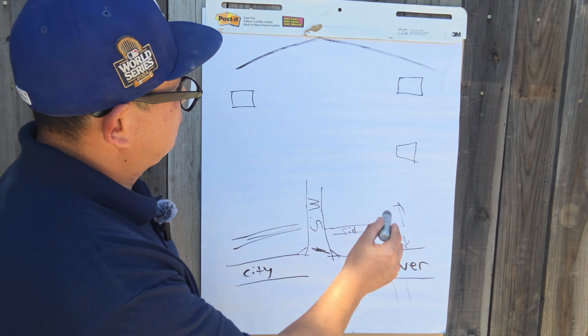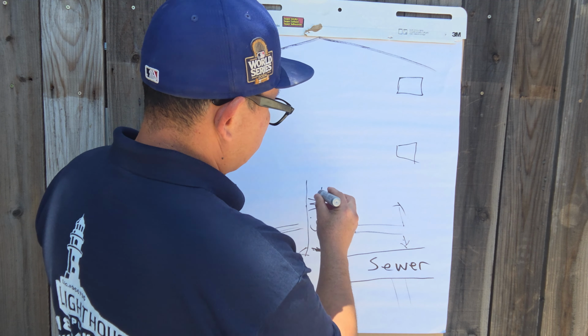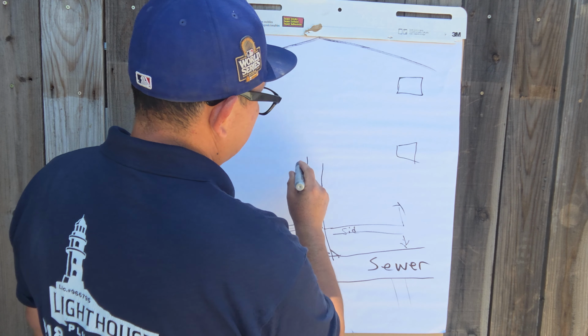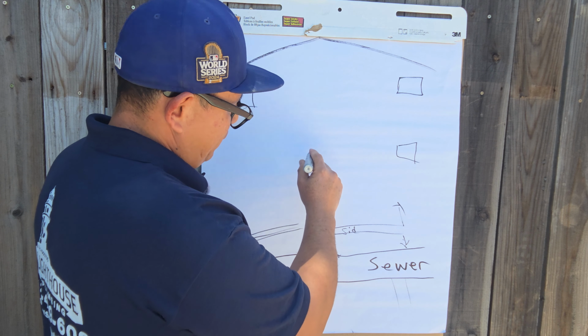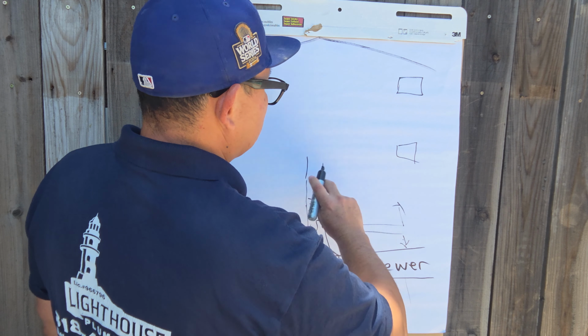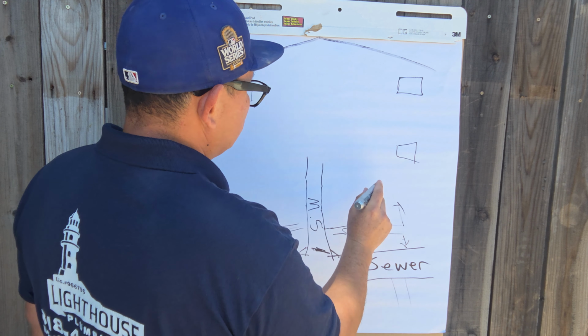So you have 3 bathrooms. Your sewer line goes inside your house to your structure. Now, this main sewer is going to start going towards the bathrooms.